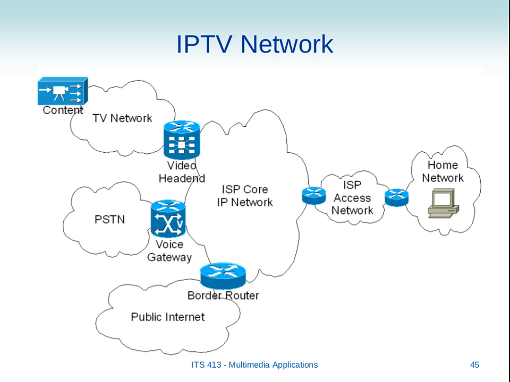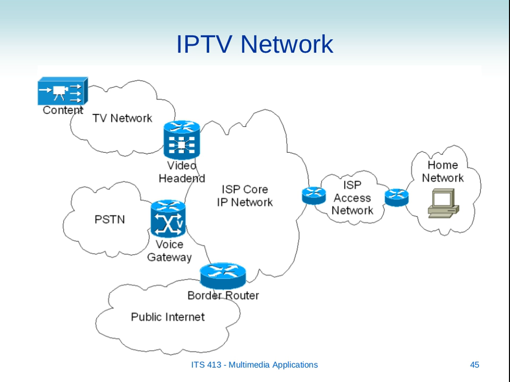Maybe higher priority to the customer that pays more, lower priority to the customer on the cheap plan. So inside the ISP core network, quality of service control is commonly needed. Without it, the quality would not be sufficient.